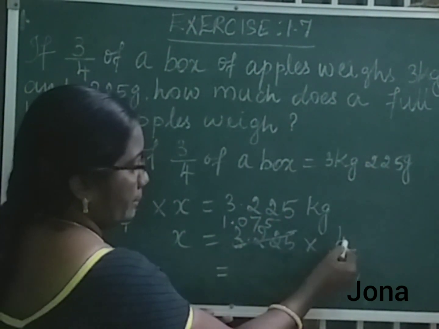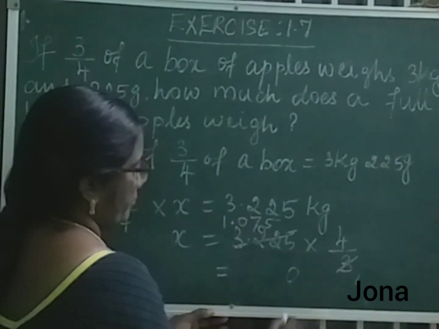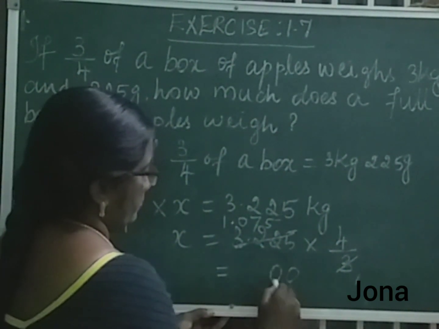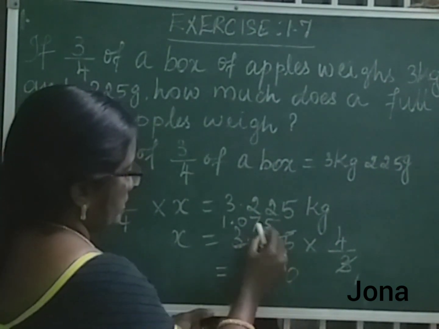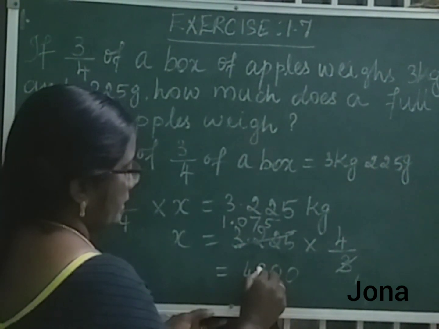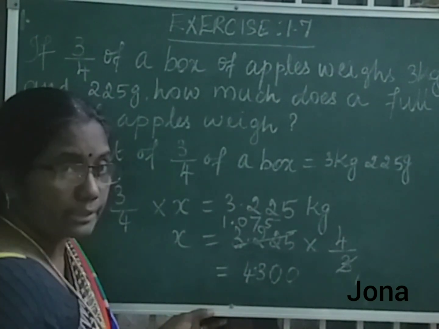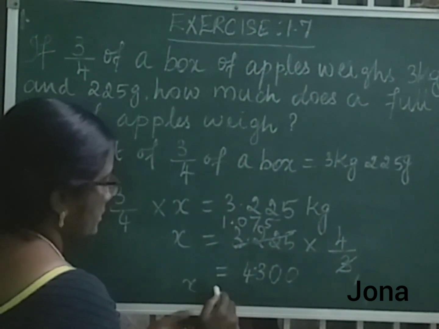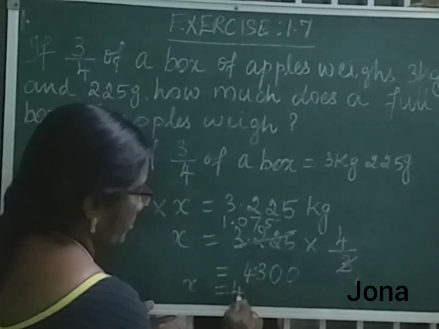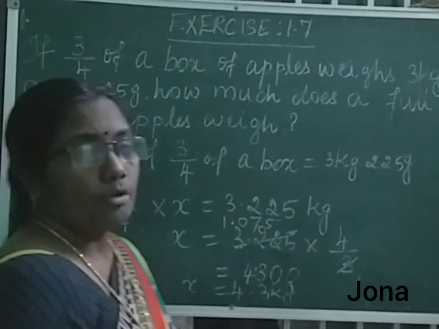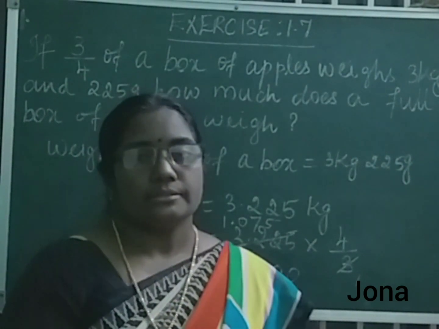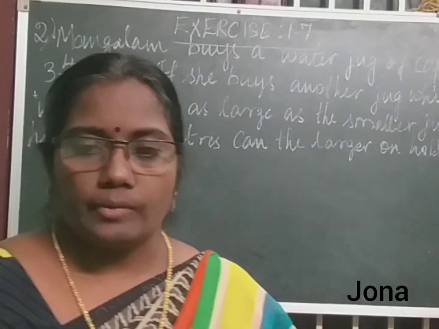Then I multiply these two, and after 3 digits I put the decimal point. So x equals 4.3 kilograms. It's nothing but 4 kilograms and 300 grams.